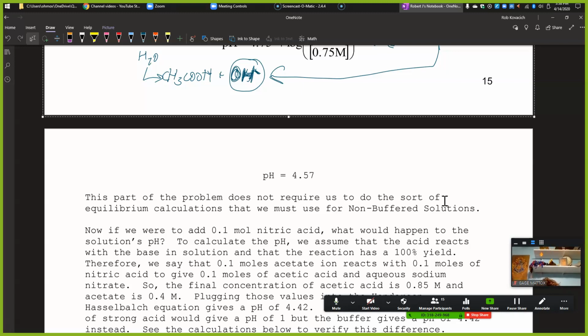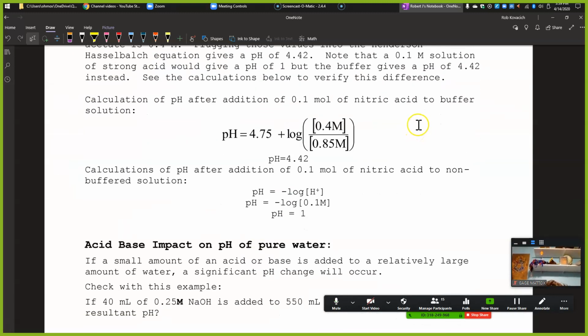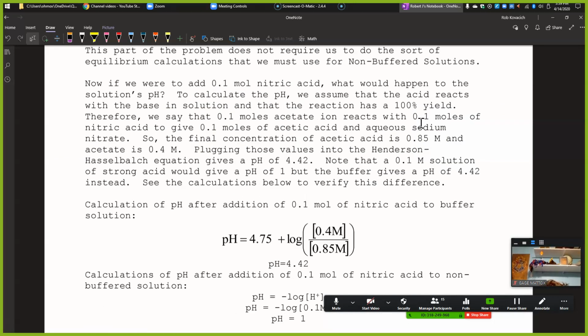A weak acid and the salt of that weak acid acting together as a buffer. So I need this weak acid and I need this salt of this weak acid. And then they'll buffer at whatever pH you set up. Okay. We okay with that? Ish. Yeah.